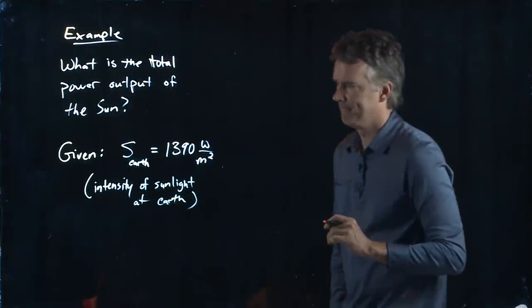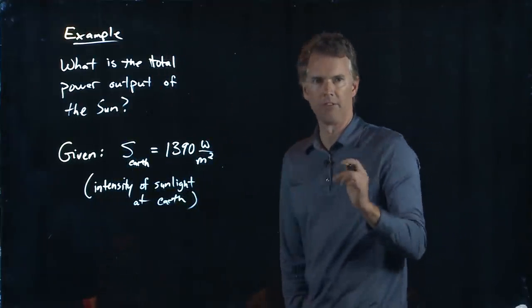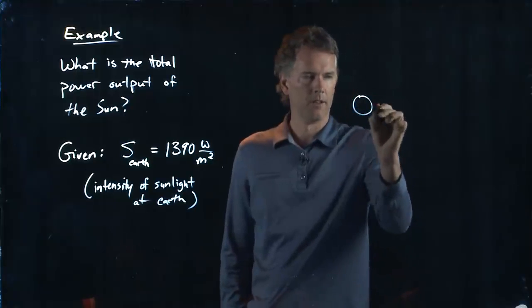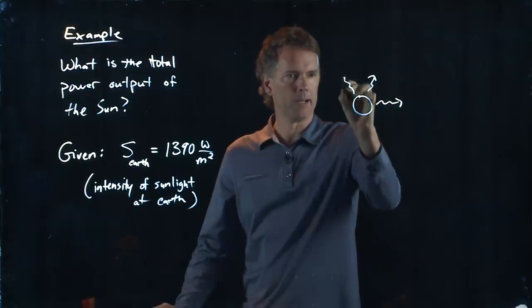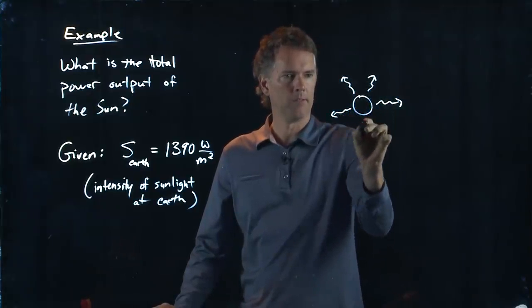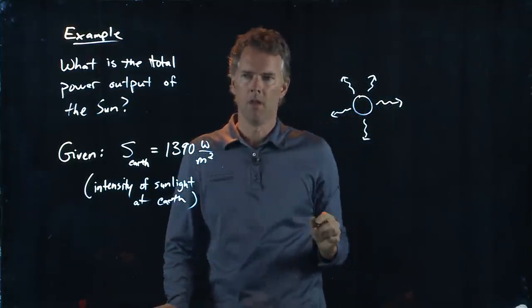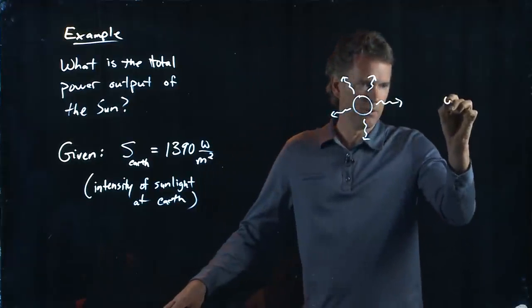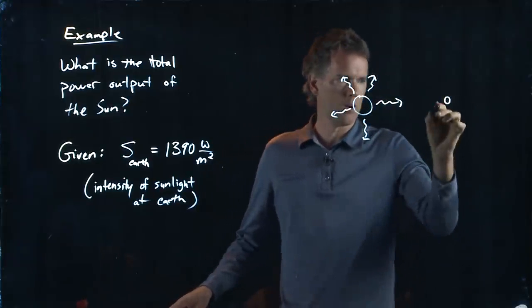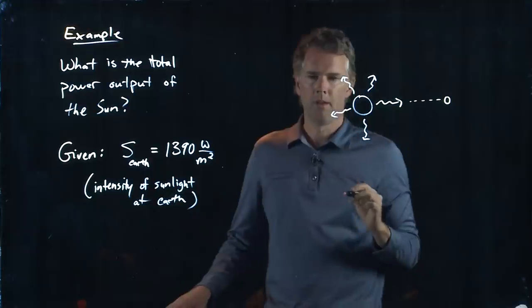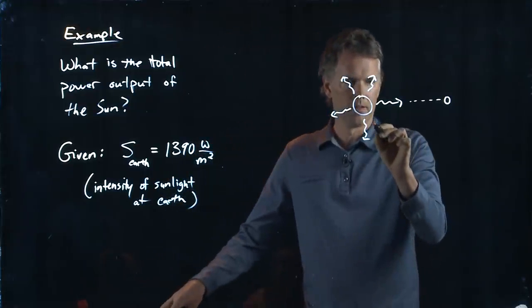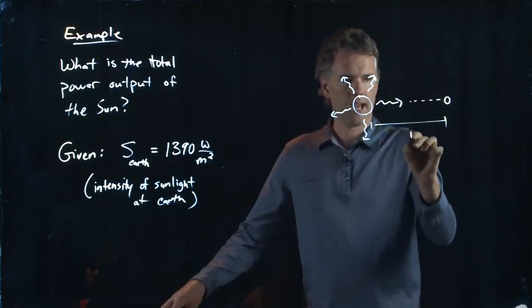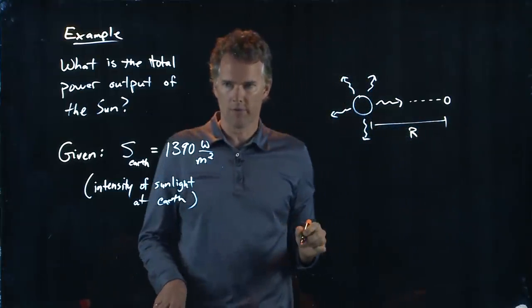All right, let's draw a picture of this thing. Here's our sun. It is spitting out electromagnetic waves in all directions. Some of those we collect right here on the Earth. And we know that we are a distance, capital R, away from the sun.